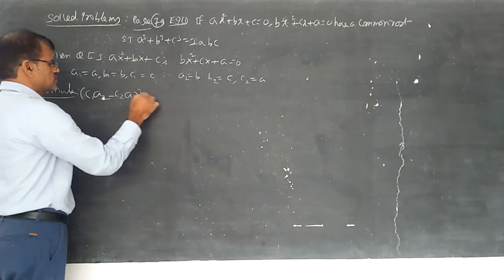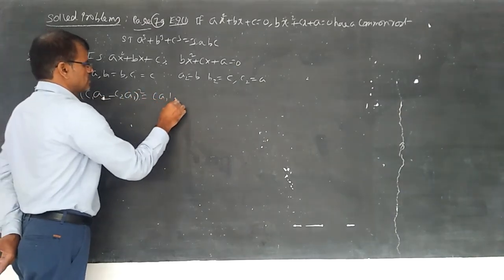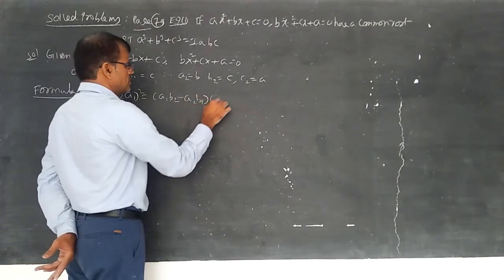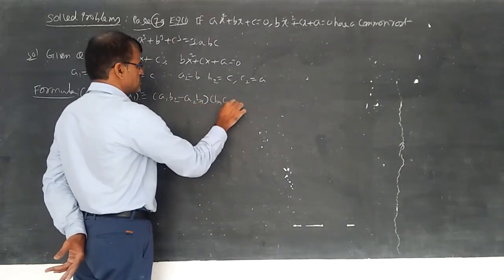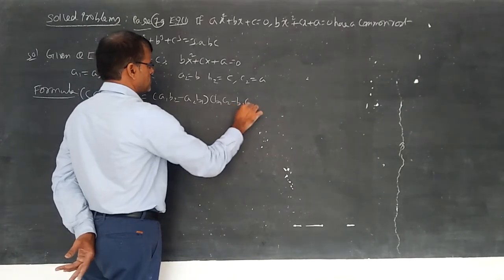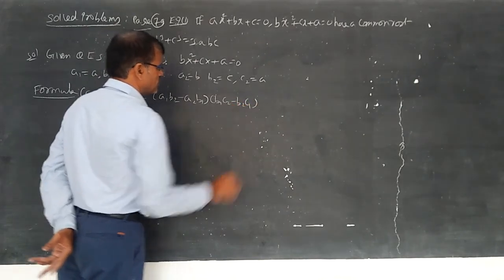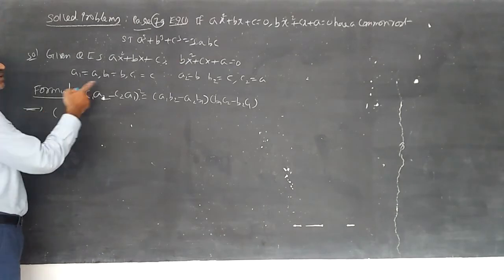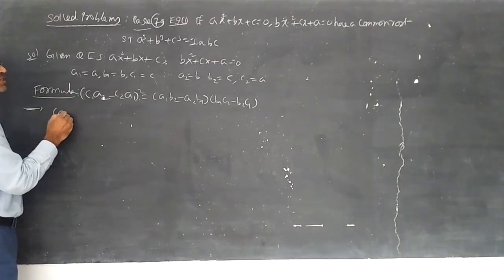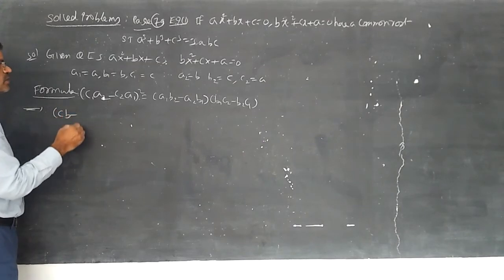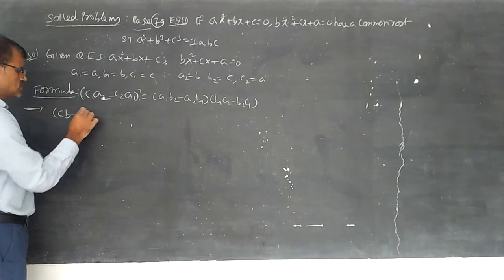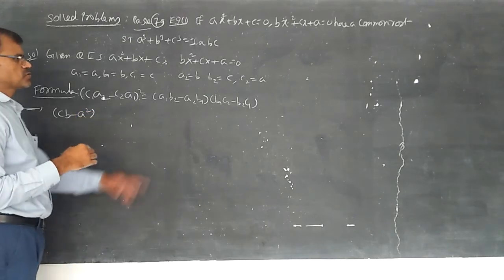C1 A2 minus C2 A1 whole square is equal to A1 B2 minus A2 B1 into B1 C2 minus B2 C1. Apply the formula. C1 A2: what is C1? C. A2? B, so CB. Minus C2 A1: C2 is a and A1 is also a, so simply a square.